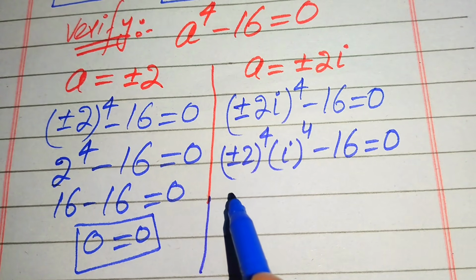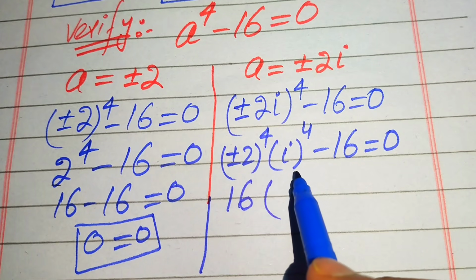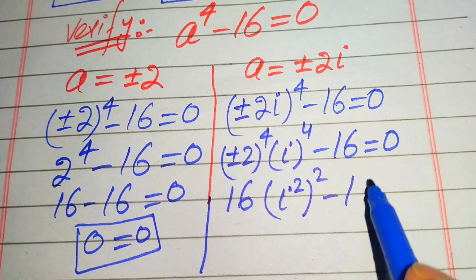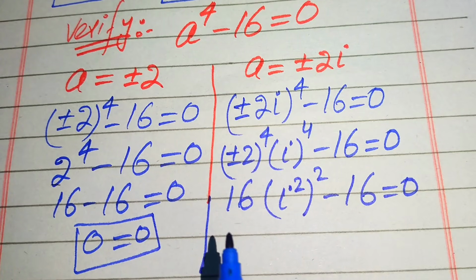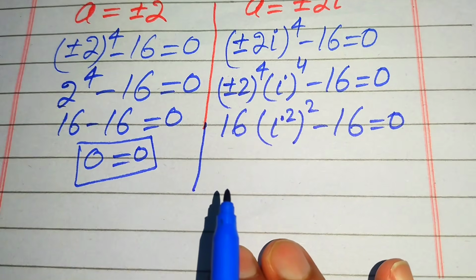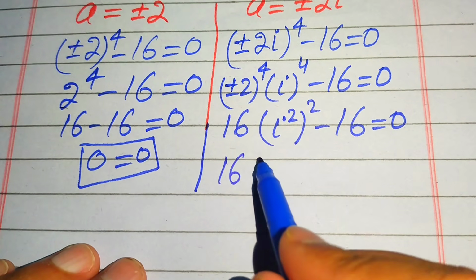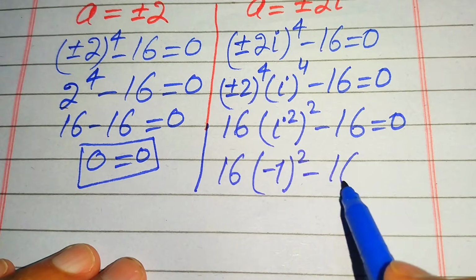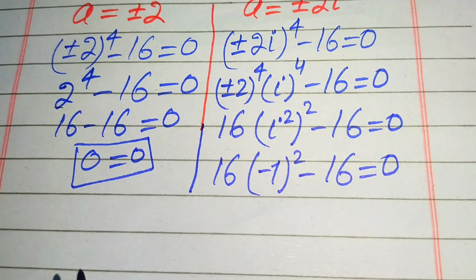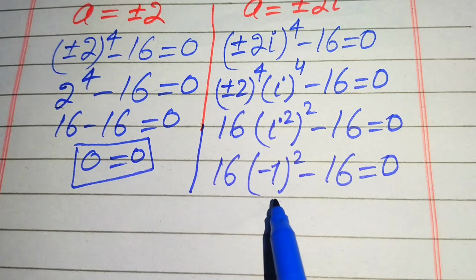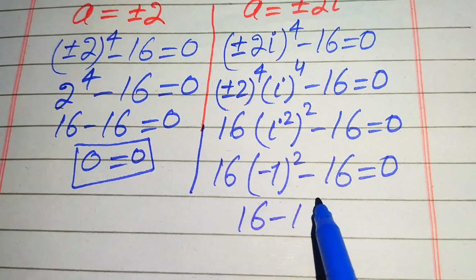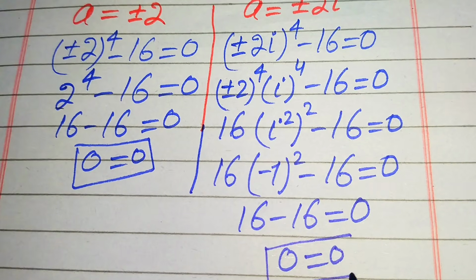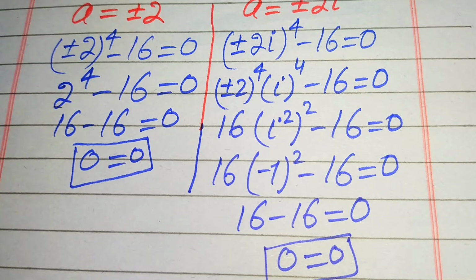We have 2 to the power of 4 becomes 16, times iota to the power of 4, which we write as iota square and its whole square, minus 16 is equal to 0. In the next step we simplify: 16 times iota square is equal to minus 1 and its whole square, minus 16 is equal to 0. You know that minus 1 square becomes plus 1, and we get 16 minus 16 is equal to 0, so clearly we get 0 equals 0. Again, both sides are equal.